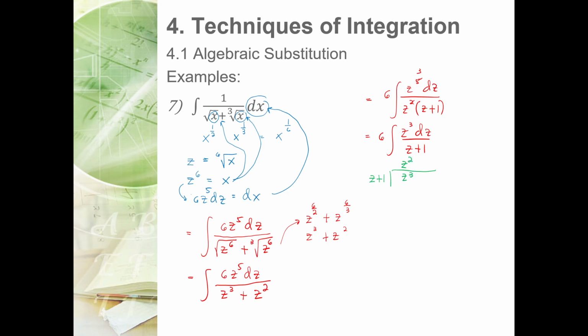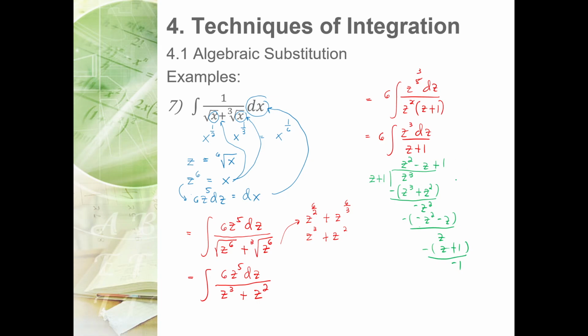The divisor is the denominator, the dividend is the numerator. So you have z squared, so z cubed plus z squared, and then minus, so that's negative z squared, then minus z, so minus z squared minus z. You have z here plus 1, then you have z plus 1, then negative 1.